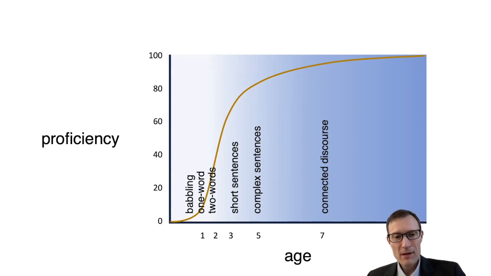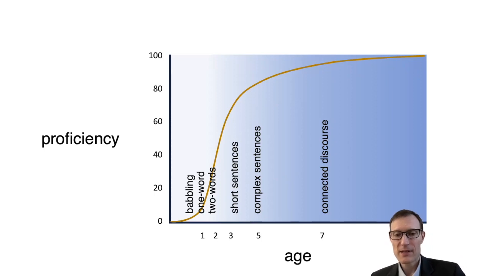And then after another year or so, when they get to be about 3 years old, they begin to use some short sentences of more words. And as they go along, they begin to produce more complex sentences. Around 5, they begin to really start using conjunctions, like and, but, and make more complicated utterances.